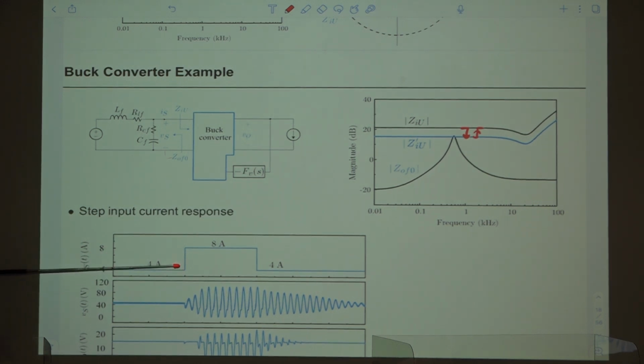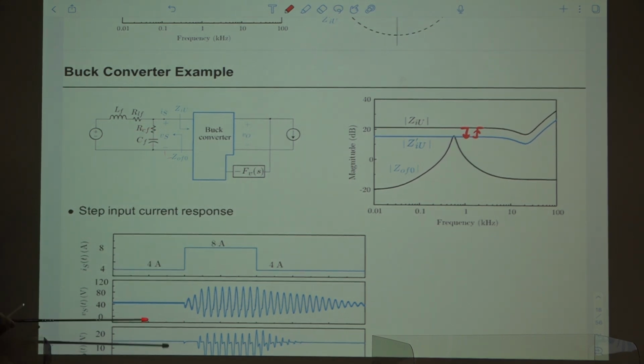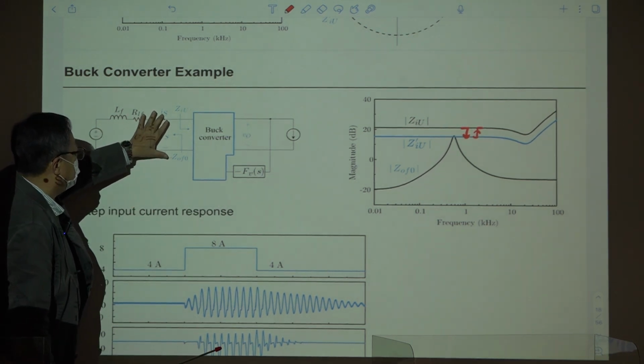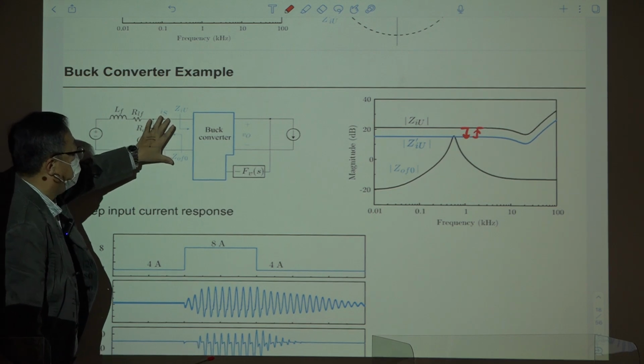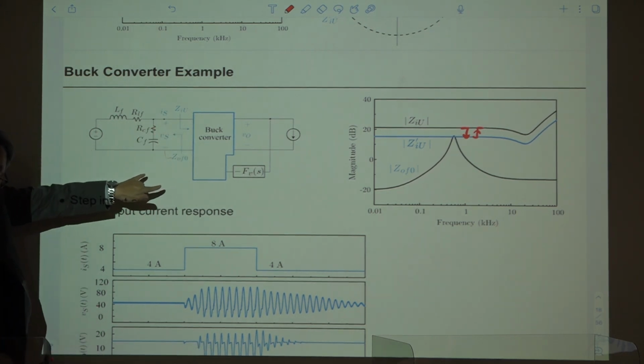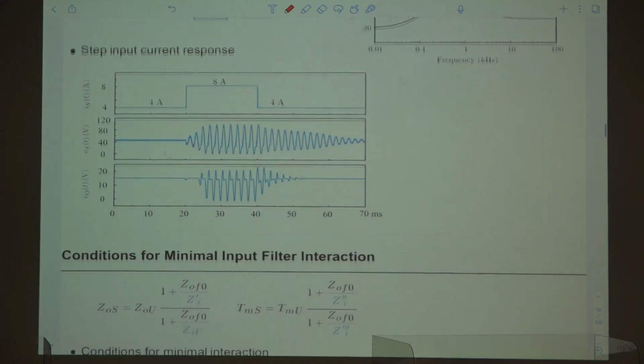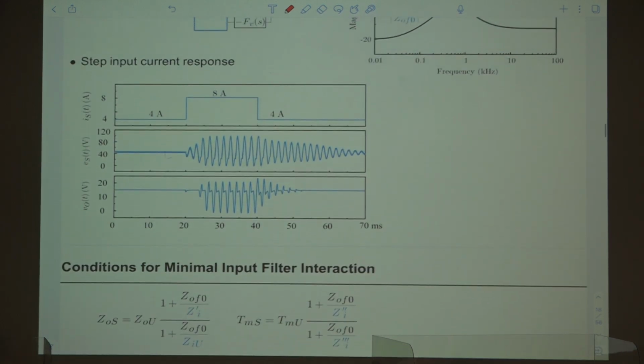This is the average value of this current, 4 amp, 8 amp, and this is the input voltage, the output voltage of this in-filter or input voltage of this downstream buck converter, and this is the output voltage of the buck converter. At this instant, when this current is doubled, it starts oscillation, okay?